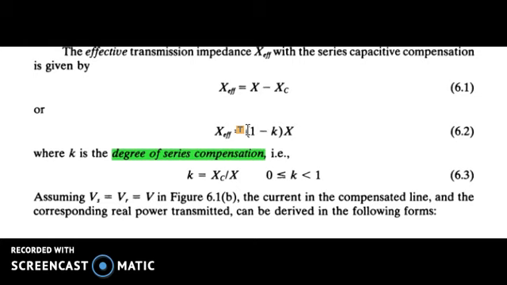That much compensation is not needed during a light load period, when the current through the inductance is much lower, as it might increase the end level voltage to a very high value. So in such situations, what we actually need is a variable or controllable compensation, and how much is to be controlled can be determined by knowing the degree of series compensation.